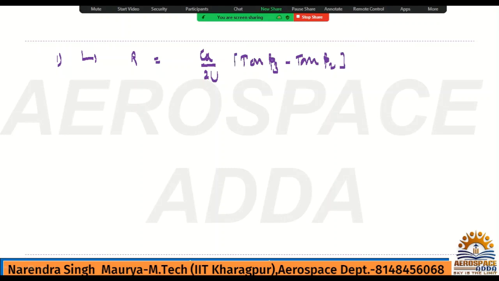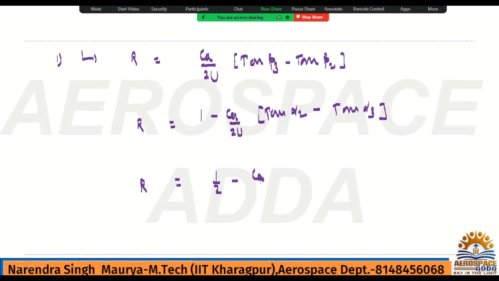This is the first formula. Second formula, remember all three are required: 1 minus Ca by 2U (tan alpha 2 minus tan alpha 3). The third formula you need to remember as well. For the compressor I derived it, but here in the turbine I am not going to derive it. Please check it: tan alpha 2 minus.